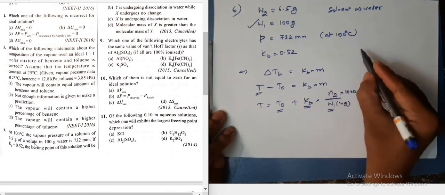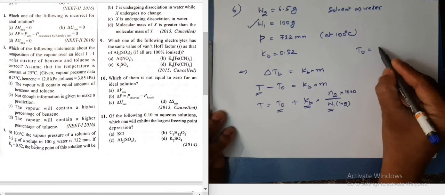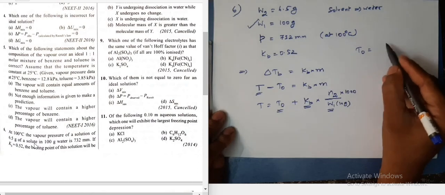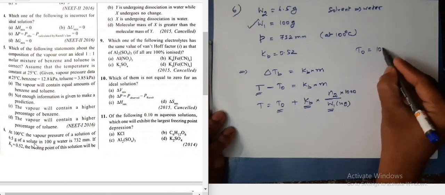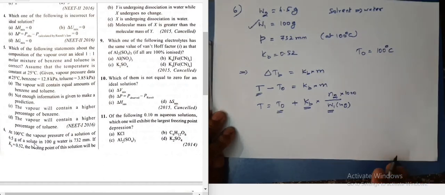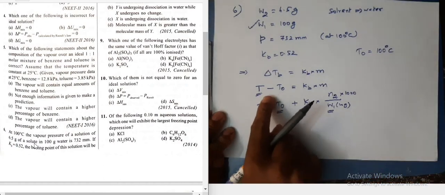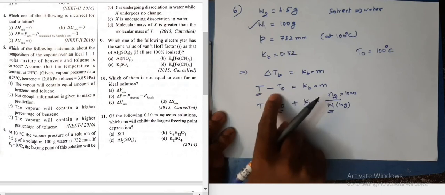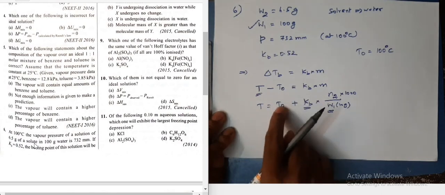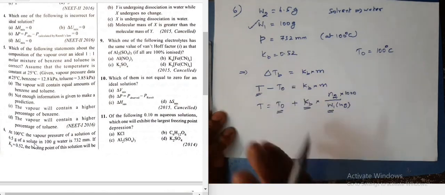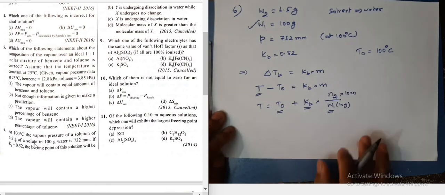Boiling point of pure water, you know, it is 100 degrees Celsius, or I can write 373 Kelvin also. Since we are going to take only the difference here, if this is in Celsius, you will get the solution also in Celsius. It's a very simple one.